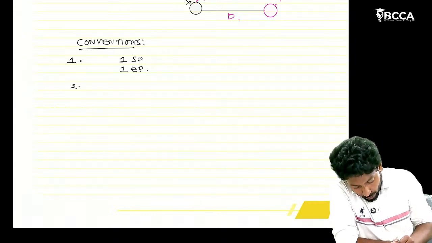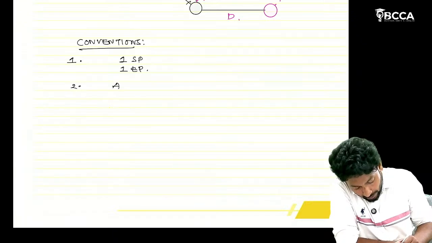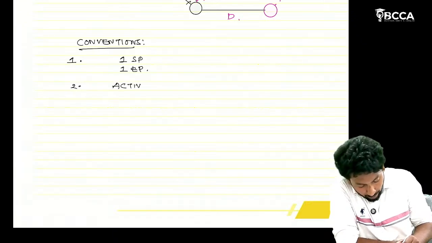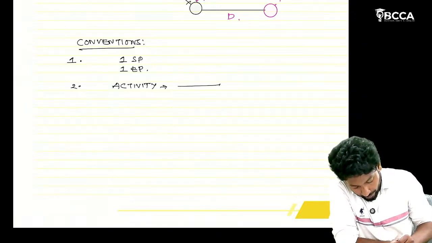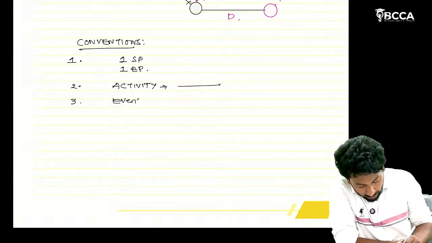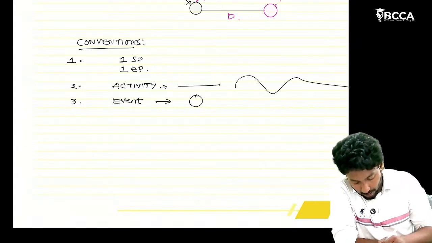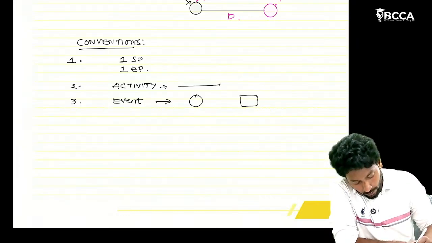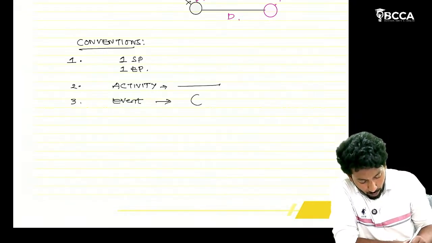Next, activities should be represented with a straight line. Third, events should be represented with circles only. You cannot represent an event in some other shape. Why, sir, all these rules? For uniqueness.